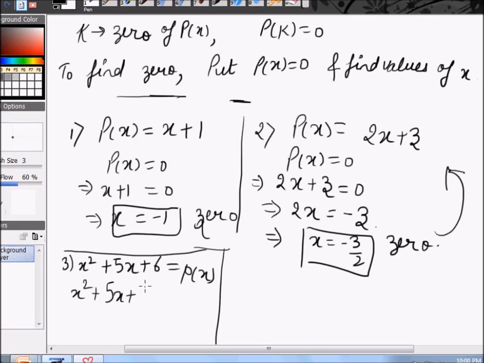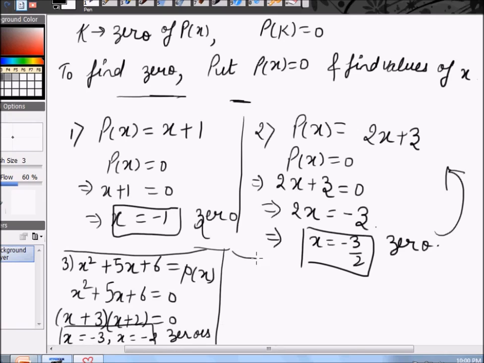To find the zeros of such an equation, we will be studying in further chapters a factorization method, which will fetch us (x plus 3)(x plus 2) equal to 0, which will be giving us x equal to minus 3 and x equal to minus 2 as the two values of x, which are here zeros of p(x).